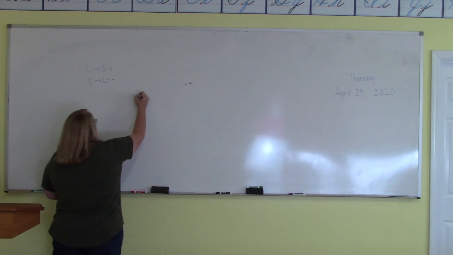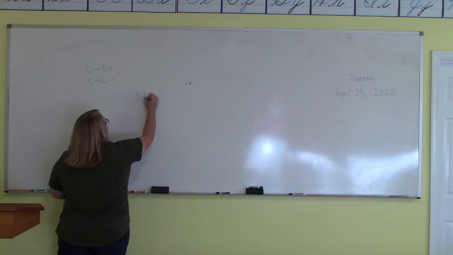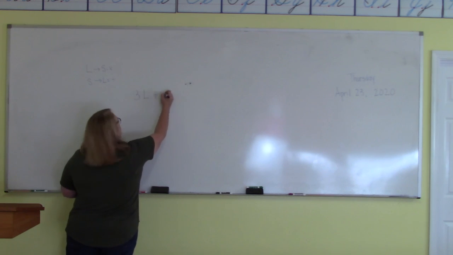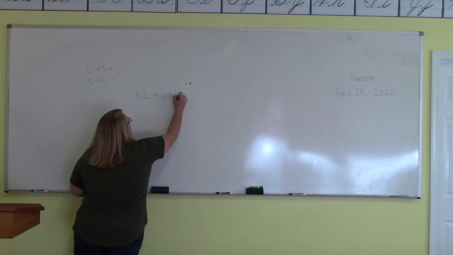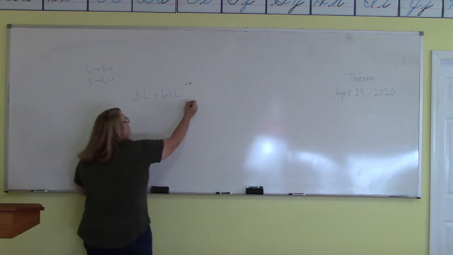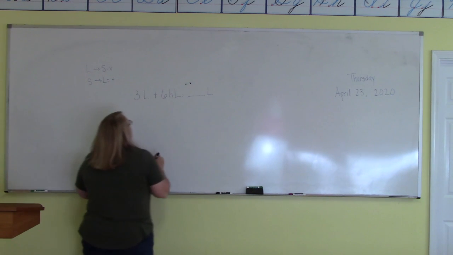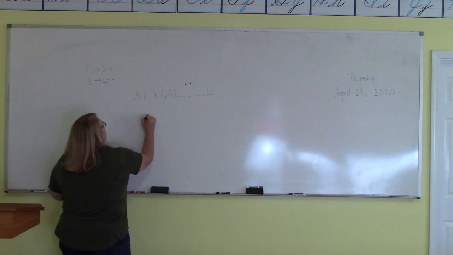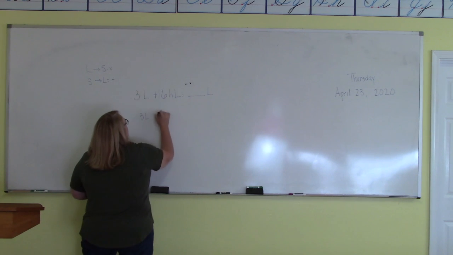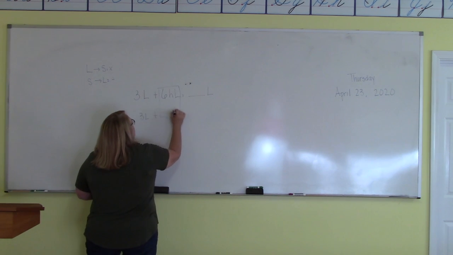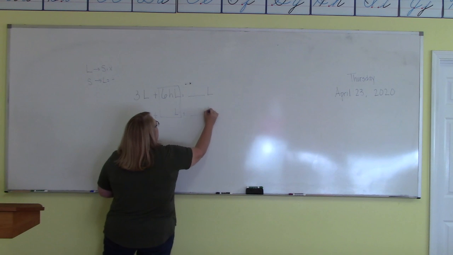All right, for B, you have 3 liters plus 6 hectoliters equals how many liters? We'll keep this the same. This is the one we have to convert from hectoliters to liters.